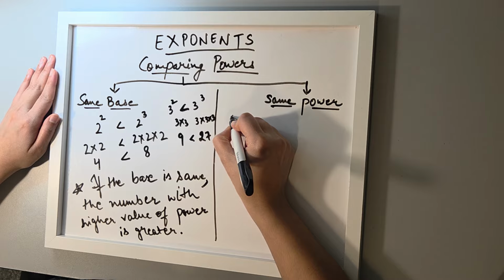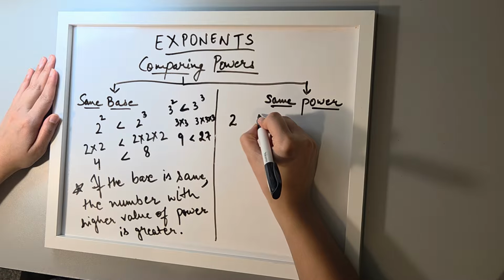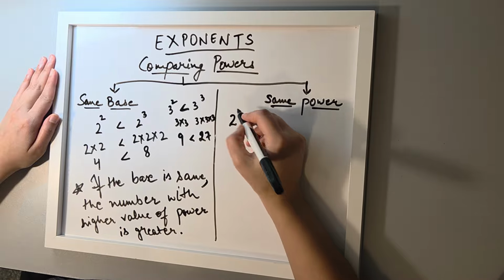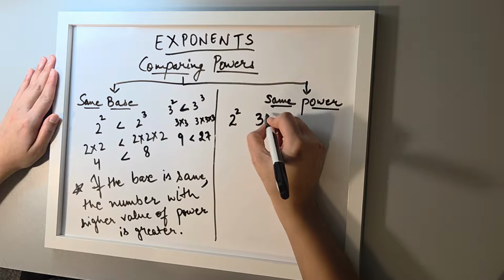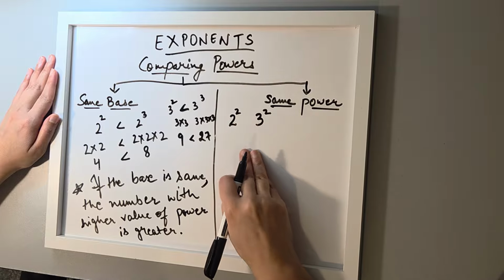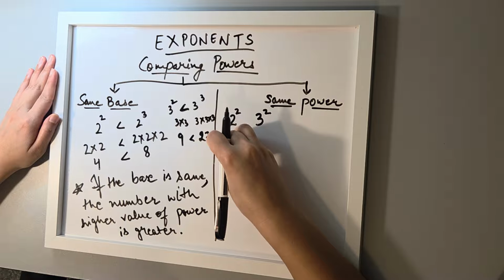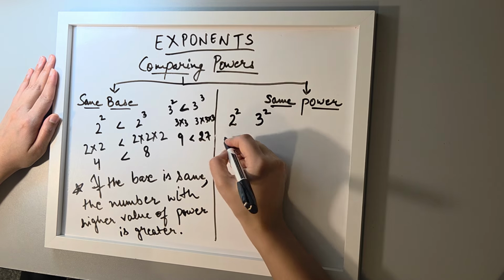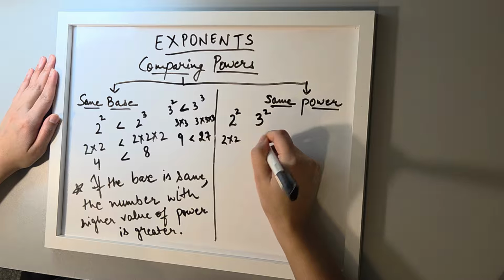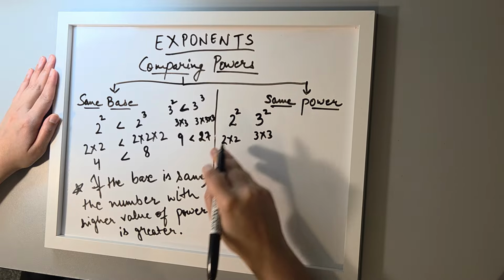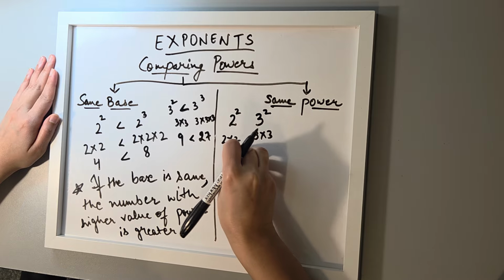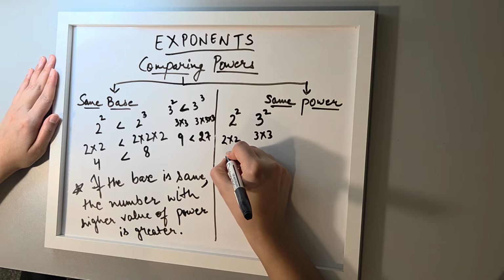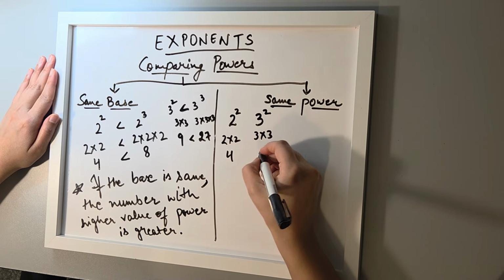So if I say I have a different base 2, and a different base 3, the power is the same. Here we have 2 and here we have 2. So if a smaller number is multiplied the same times, so 2 into 2 and 3 into 3, the smaller number multiplied 2 times gives 4, and this is 3 into 3, 9.